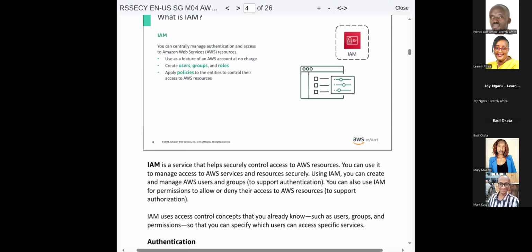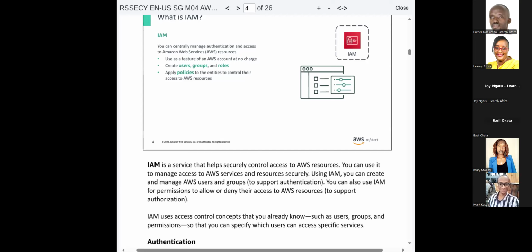So IAM helps us control and manage who has access, number one, to our services, and number two, to our resources. Now, a quick question, and I want you guys to answer quickly. This is a question that I told you you'll definitely find in your exam.